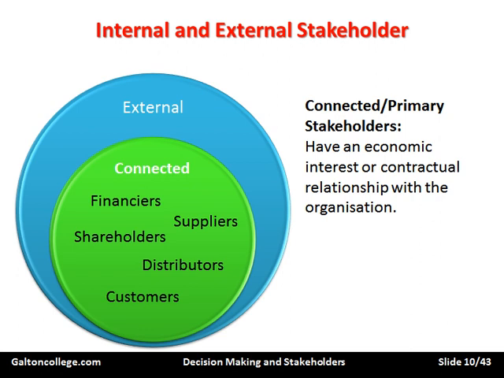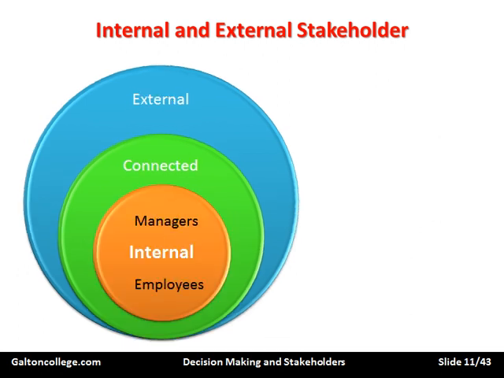If the company ceases to exist, then the suppliers will be adversely affected. So also will be the shareholders, and perhaps the banks, and the distributors, and so on. So these are connected stakeholders, different to the external.